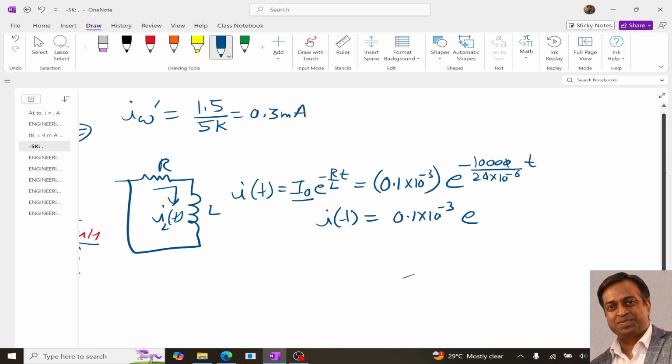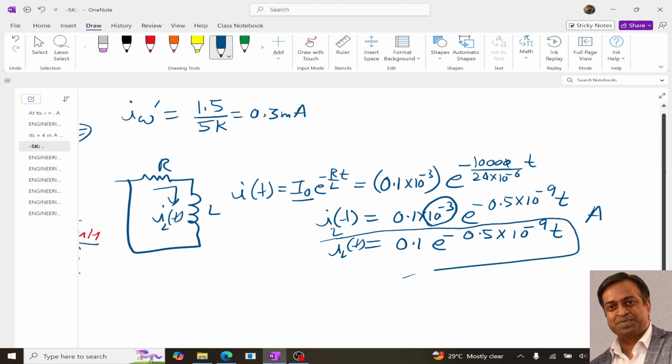So we will get minus 0.5 into 10 power minus 9 t, in amperes. To convert it into milliamperes, we can remove this. So we will get 0.1 e power minus 0.5 into 10 power minus 9 t. This is our IL(t), and the unit is milliamperes.